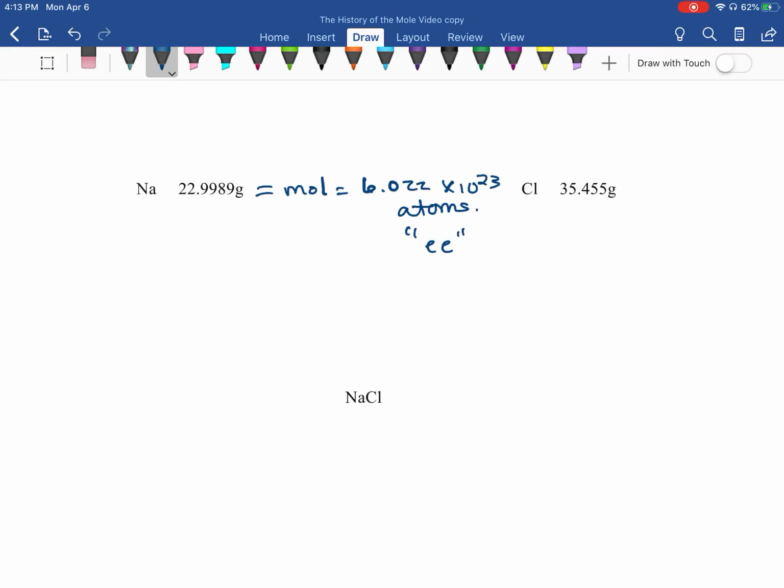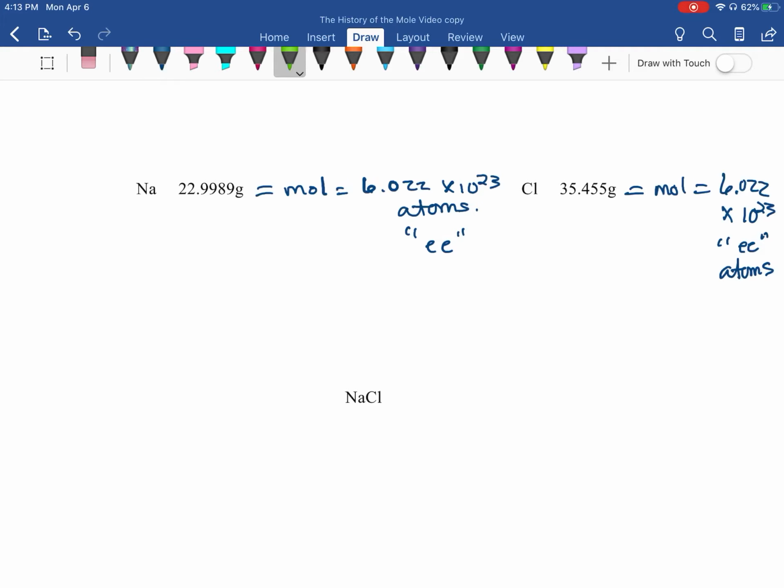Now, if we want to compare that to chlorine, this time chlorine is 35 grams, not 23 grams like sodium. It's heavier. So 1 mole of our sodium is going to be 6.022 times 10 to the 23rd. Our EE is still atoms.